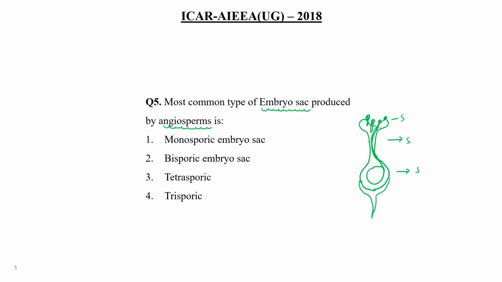So it is a monosporic embryo sac mostly, which is most common, right? So the most common type of embryo sac produced by angiosperm is monosporic embryo sac. Choice number 1. It is not bisporic, tetrasporic or trisporic.